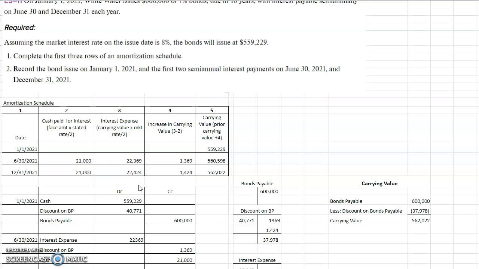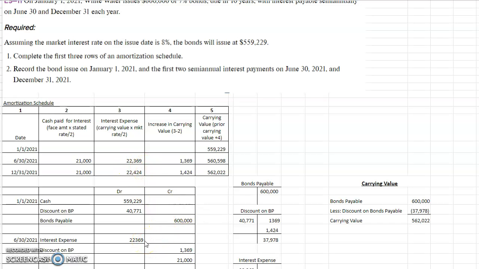Now, discount on bonds payable or premium on bonds payable is a contra account attached to the bonds payable, similar to the allowance for bad debts attached to accounts receivable. So they're shown at the net amount. Okay, the interest paid on June 30th, shown in the journal entry, is $22,369.